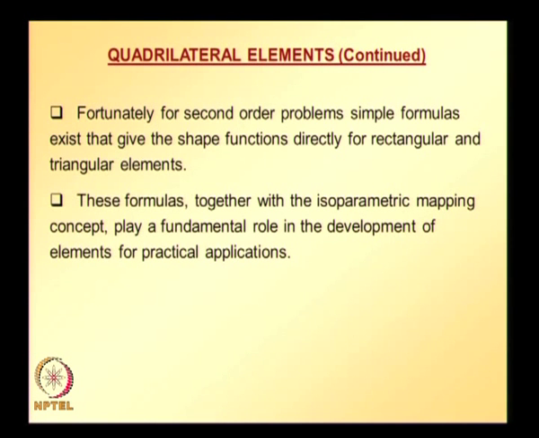This lecture presents shape function formulas for higher order rectangular and triangular elements, and these formulas together with the isoparametric mapping concept play a fundamental role in the development of elements for practical applications, because these higher order elements or elements with curved boundaries are really required for solving some of the practical problems.